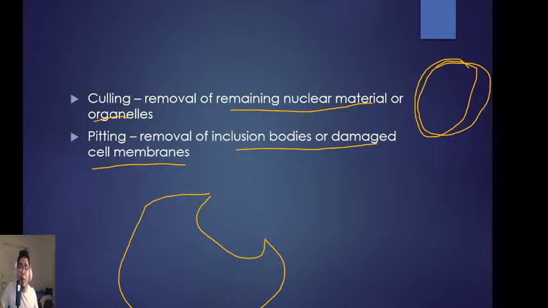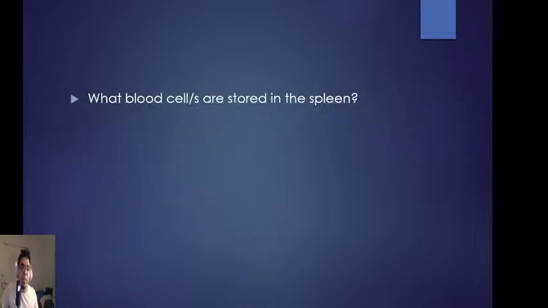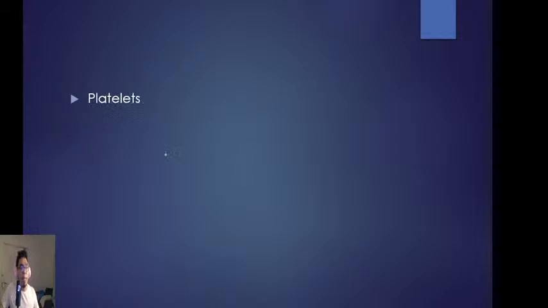Now, let's move on to what blood cells are stored in the spleen. Obviously, we store cells in the spleen. That's the reason why we have what we call splenic platelets, and then we also have peripheral blood platelets.